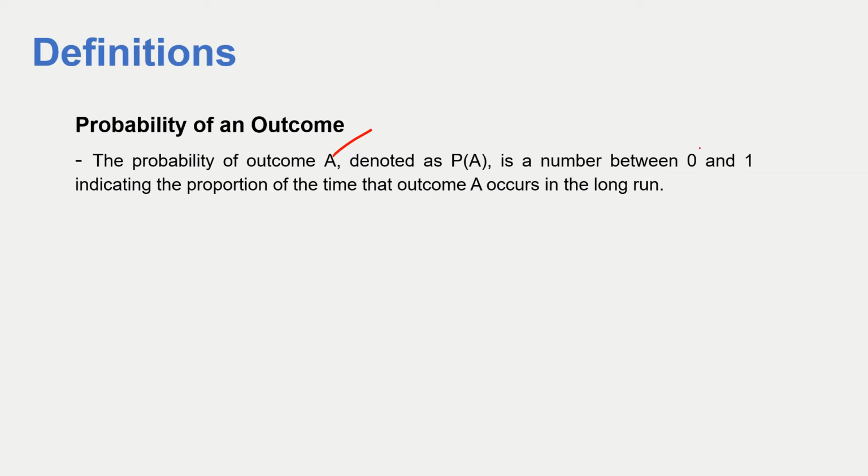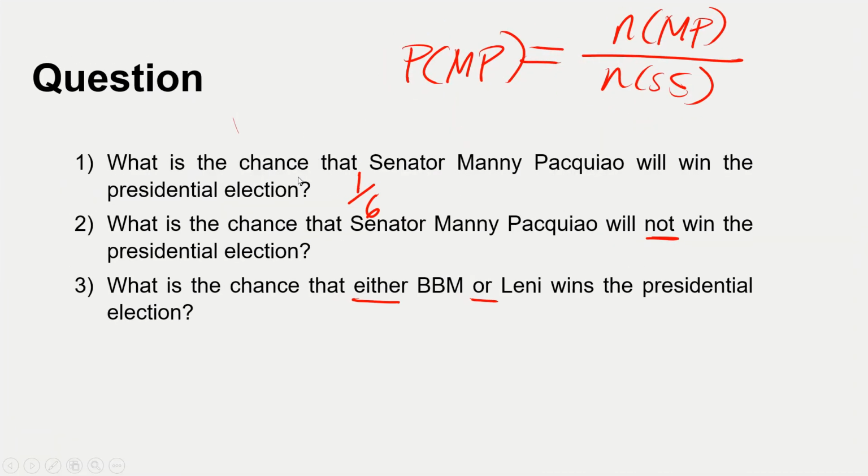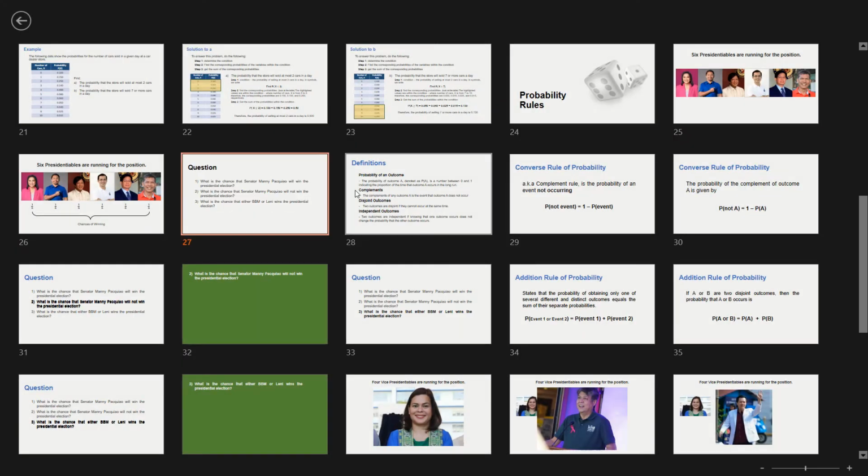This is one of the properties of a probability, indicating the proportion of the time that outcome A occurs in the long run. This just describes the equation we used earlier: the probability of an event is equal to the number of ways the event occurs over the number of outcomes in the sample space. That is our first definition here.